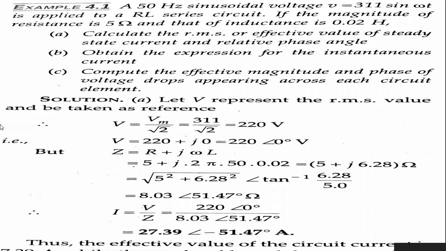In this way, you can convert to the root of first term square plus second term square. If you don't want to use the calci, that is the other possibility: take these two terms in the root, that is first term square plus second term square, angle of tan inverse of second divided by first, that is your XL divided by R. This is also one of the possibilities without using the calculator or converting polar to rectangular or rectangular to polar.